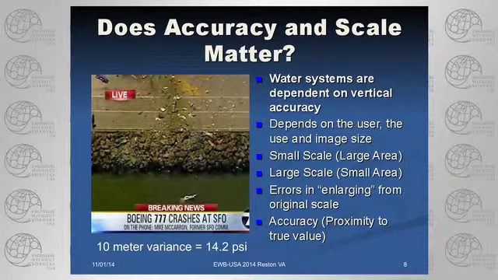The next thing that's important to think about in maps is the accuracy of the map and the scale of the map. If you attended the last session on drawings, sometimes if you have a very large drawing, then you use a small scale to cover a large area.